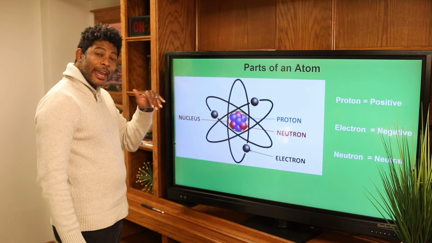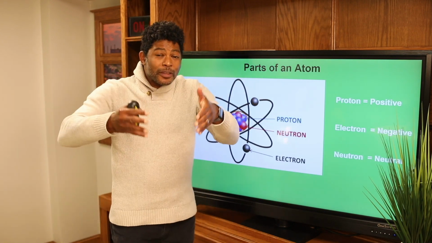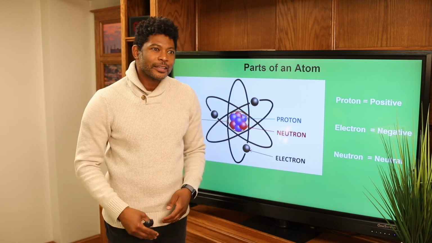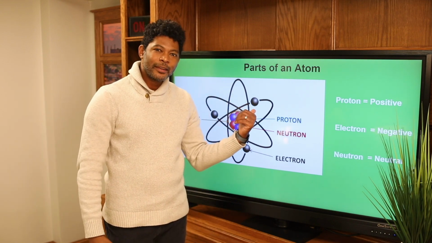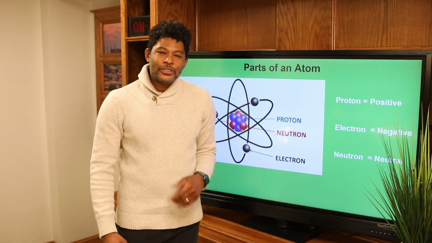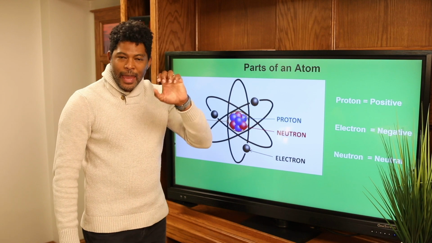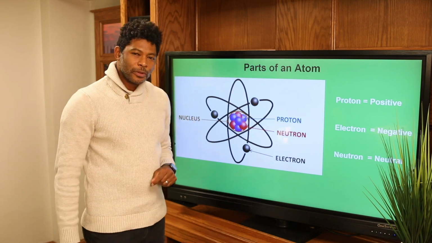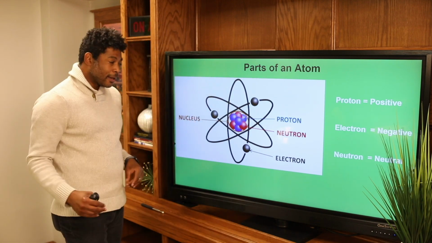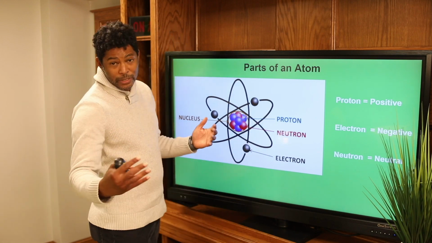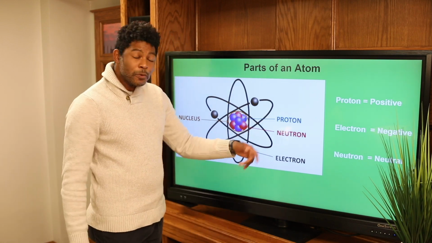All right, now let's talk about the atom. Because again, remember, that's where this whole conversation started. It started with what? Atoms. So, when we look at atoms, understand that atoms have a certain order to them. All atoms have a proton, or protons. All atoms have neutrons.